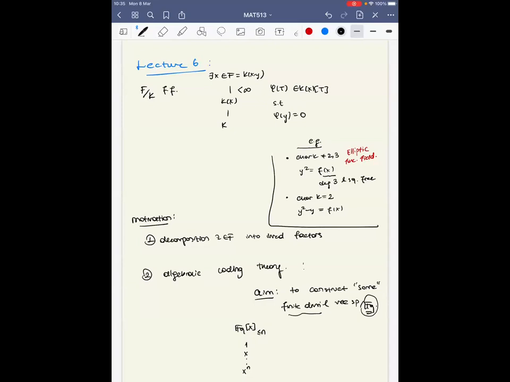we can construct a vector space by evaluating the polynomials in this vector space at some given distinct points.